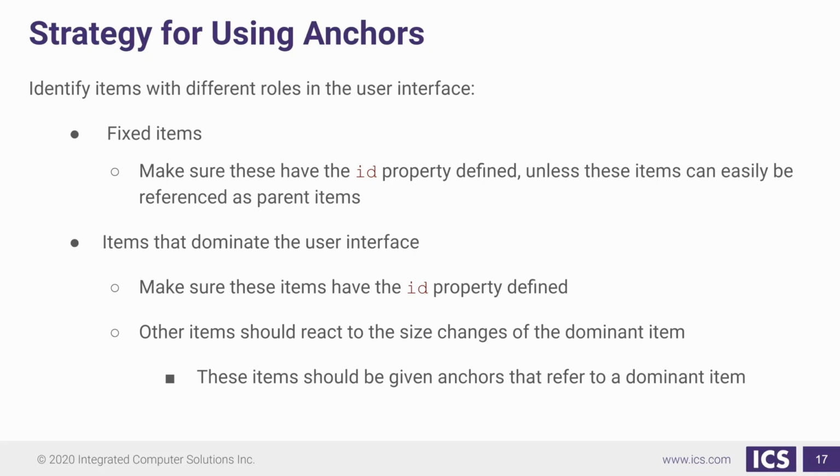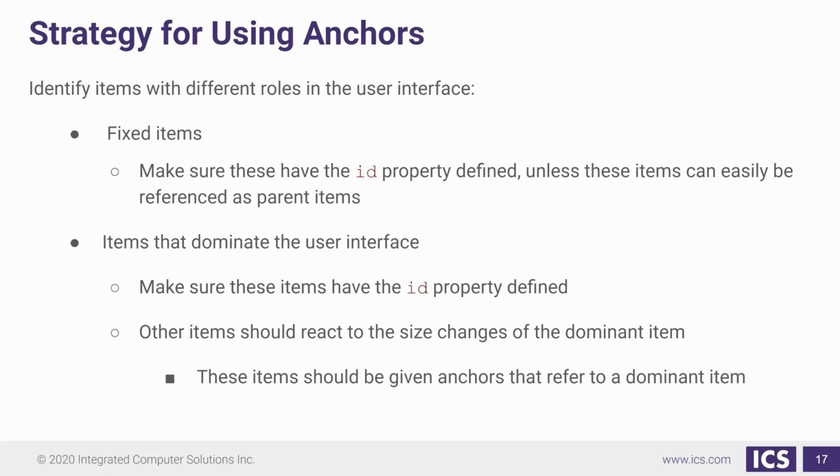For instance, if we decide that rectangle A is going to be a dominating item, we want to have our other non-dominating items resize based on rectangle A by setting their anchors to be equal to rectangle A's. Again, both our fixed and dominating items are going to need ID properties.